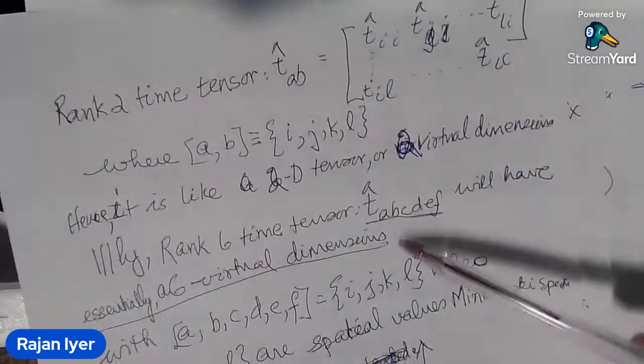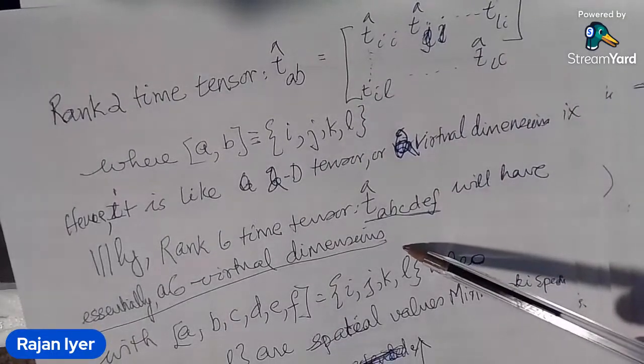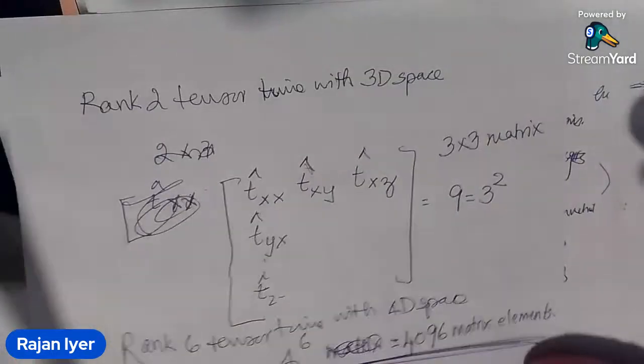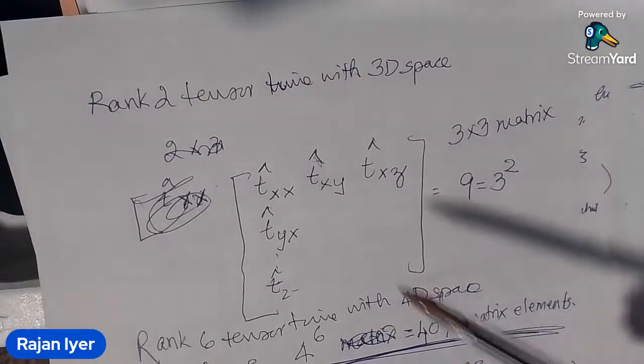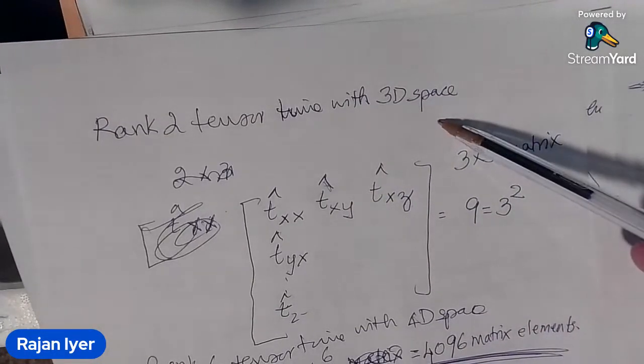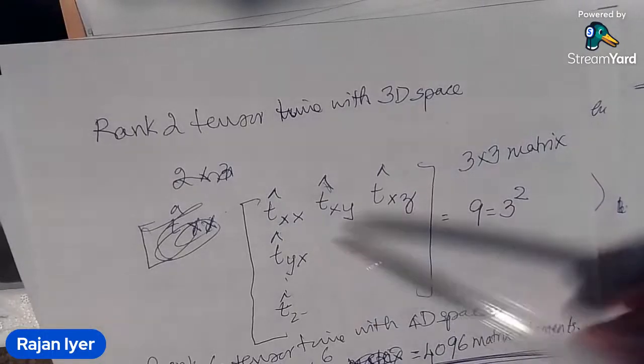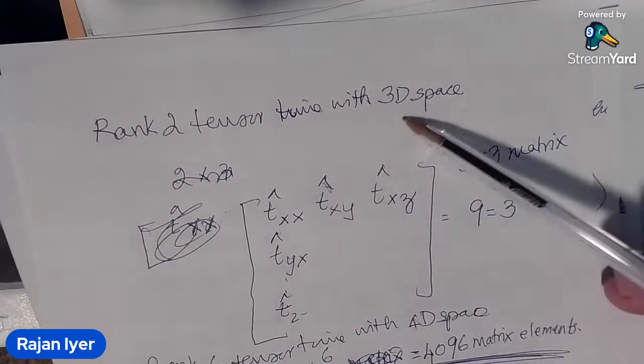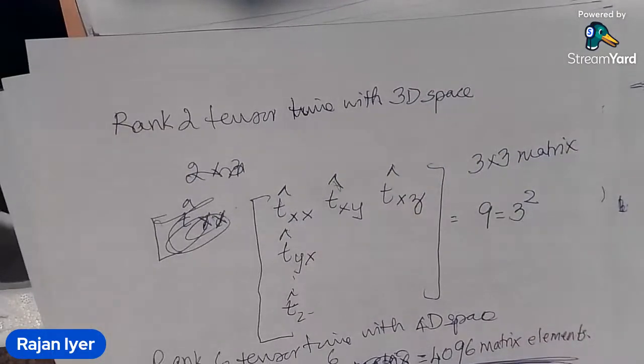So going over the rank 2 tensor, let me explain this here. Consider a rank 2 tensor of time in 3D space, start with that, and we denote the 3D space XYZ. It's probably easier to understand.